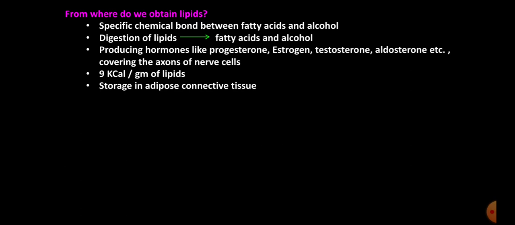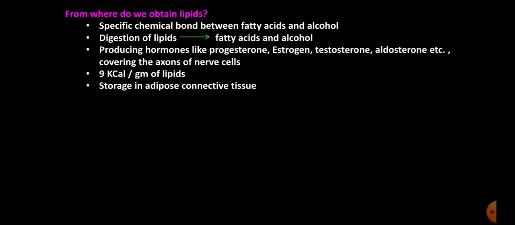Now these fatty acids are absorbed and distributed all over the body. And what are the functions of these lipids? These lipids help in the production of hormones like progesterone, estrogen, testosterone, aldosterone, and they are also used for covering the axons of the nerve cells or the neurons.